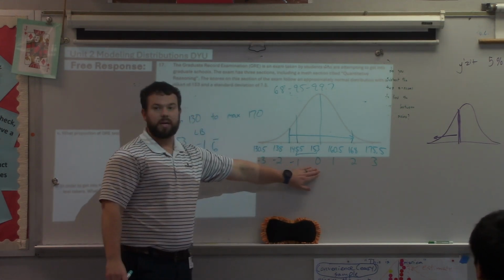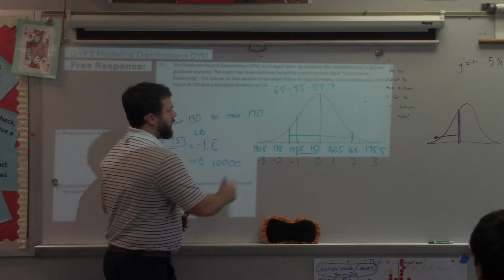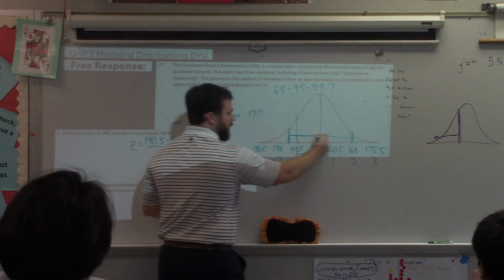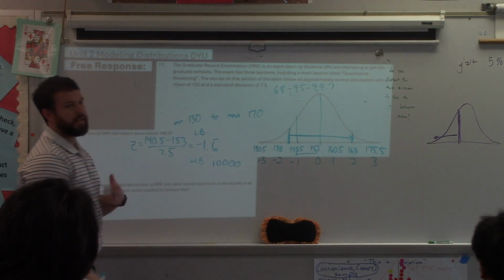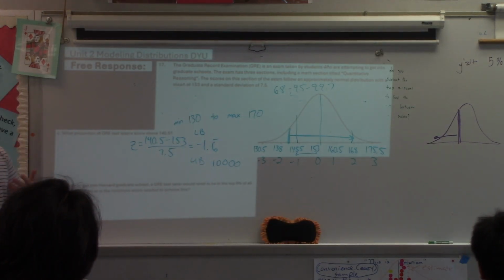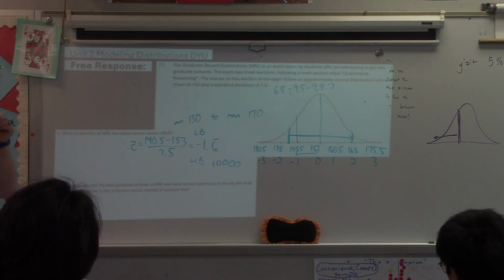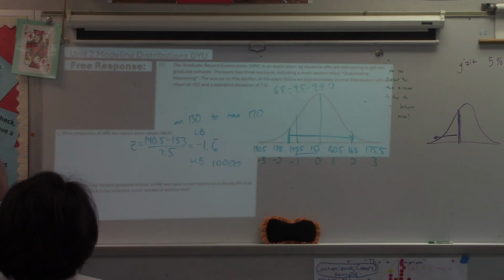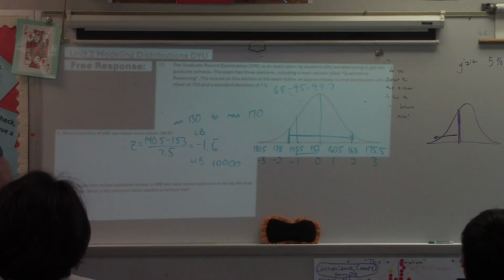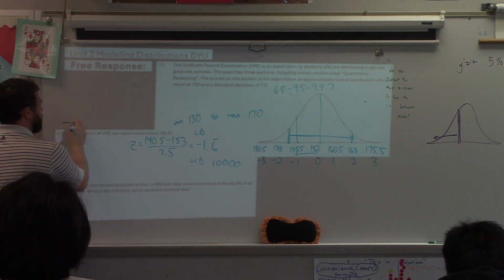Once I standardize, I get that negative 1.6 repeating, and it's everything to the right. Setting up that z-score is another part of that credit for showing your work, so use that z-score to your advantage.